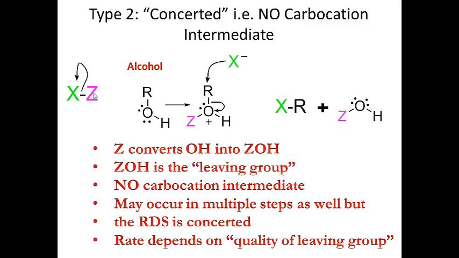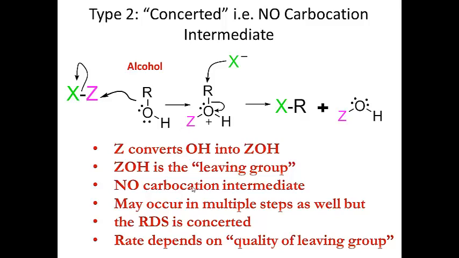So when I take the alcohol and it attacks ZX, notice here Z, I now have a bond between O and Z. Whatever Z is, it's just a generic descriptor for some atom or group of atoms, which we'll talk about in a minute.